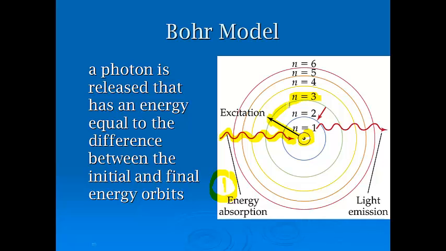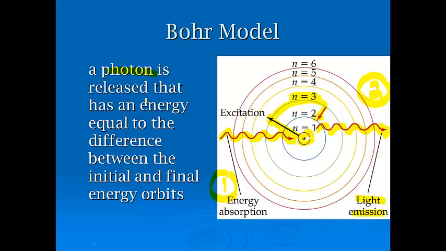Now remember, it doesn't want to be excited, so as soon as it can, it's going to drop back down. It may drop all the way back down to 1, or may only drop to 2. When it does that, it gives off some light in the form of a photon. So first the energy is absorbed, it gets excited, doesn't want to be there, comes back down, and gives off light.